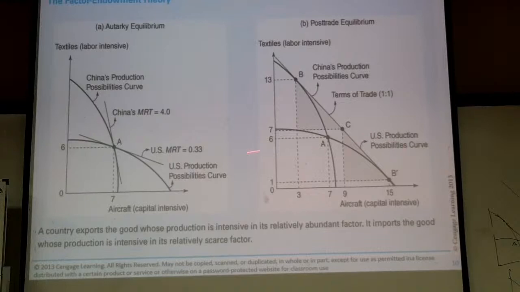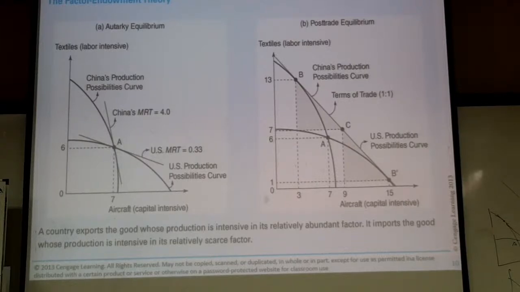So you notice that this terms of trade now becomes 1-to-1. It means that the price of aircraft relative to the price of textile, or price of textile relative to the price of aircraft, is going to be the same all over the world.